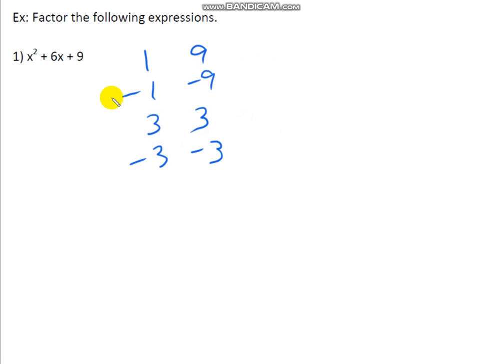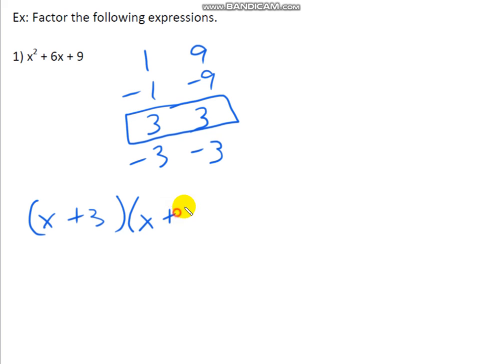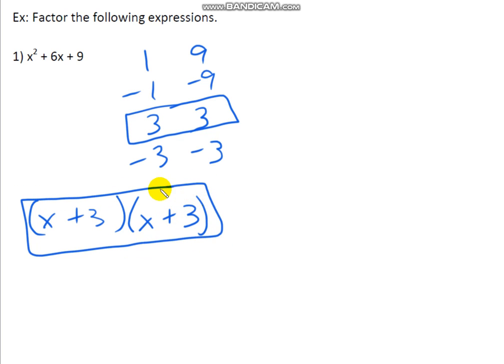Which two numbers multiply to 9 and add up to 6? I see that right here. So this means our factors are going to be x plus 3 times x plus 3. And that is basically it. You could go ahead and check your work like how I showed you previous methods before if you wanted to.